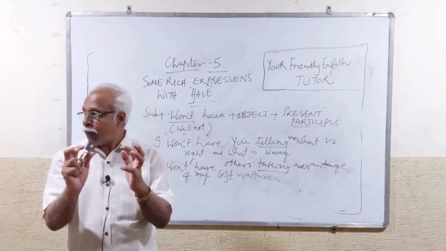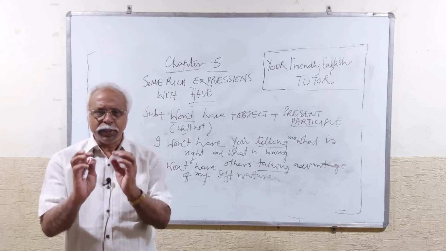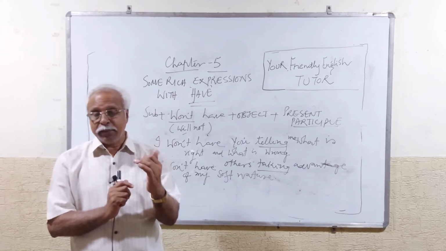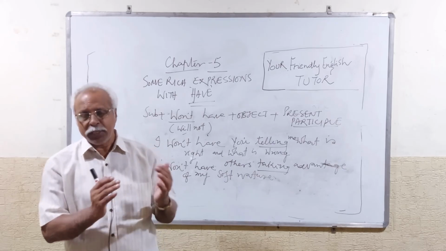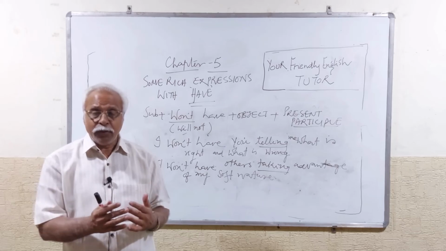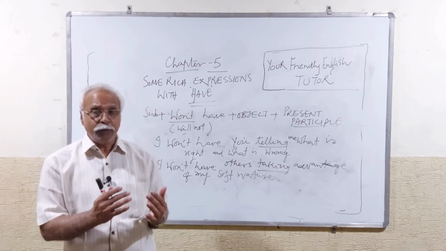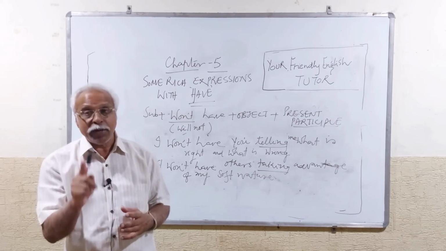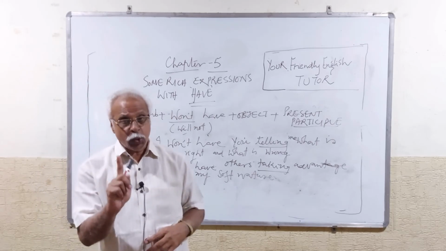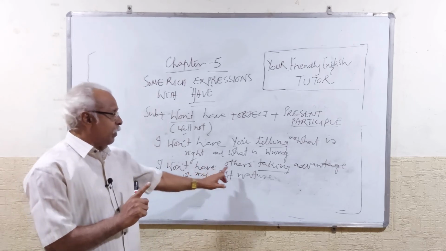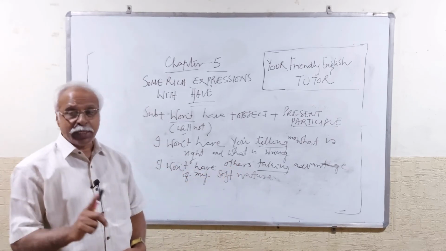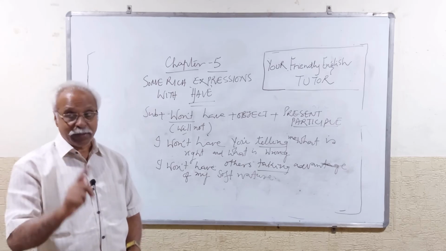You are very soft spoken, you are very gentle. Others want to take advantage of it, and they want to deceive you, they want to tell many things, they want to make you a fool. This you don't tolerate. At the time you can say in a soft tone, I won't tolerate. I won't have others, means I won't tolerate. I won't have others taking advantage of my soft nature.